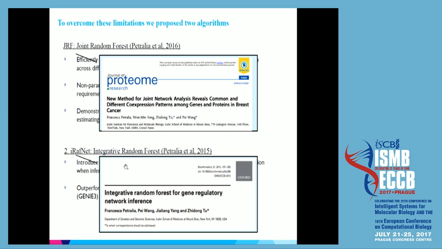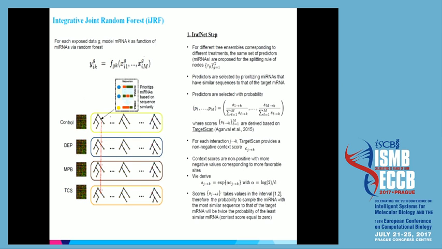So here what we do is just to combine these two algorithms in order to estimate these networks for multiple exposure conditions and integrate information from existing databases. So what we are going to do is that we have microRNA expression that is a function of, messenger RNA expression that is a function of the microRNAs. And for each condition, we are going to estimate a random forest tree.